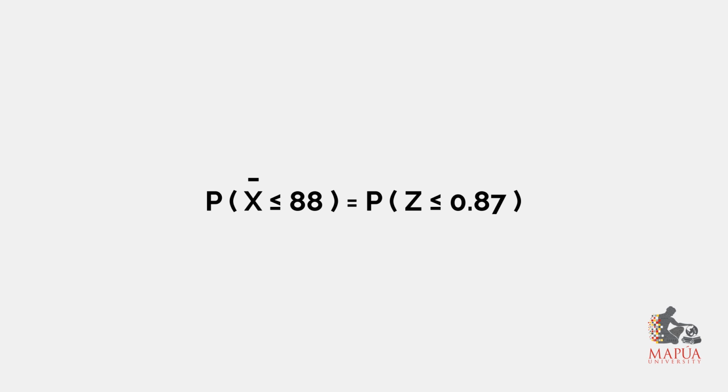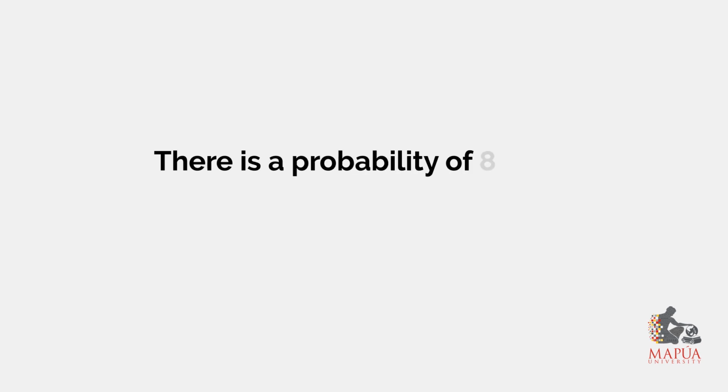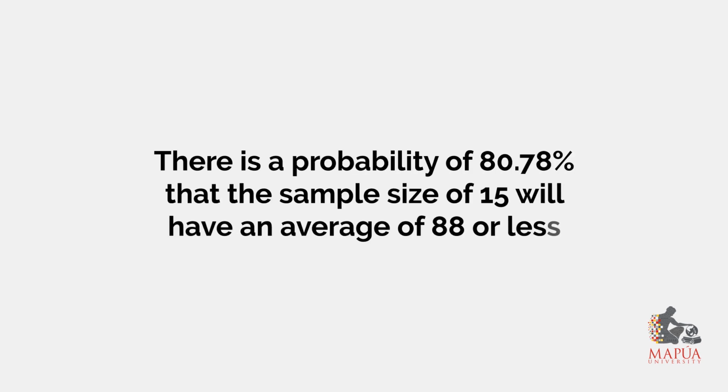Again, bring out your z table and look for it. Checking the z table, the associated probability for z less than or equal to 0.87 is 0.8078. In other words, there is a chance of 80.78% that the sample of 15 randomly selected from the class will have an average of 88 or less. So you see the difference.